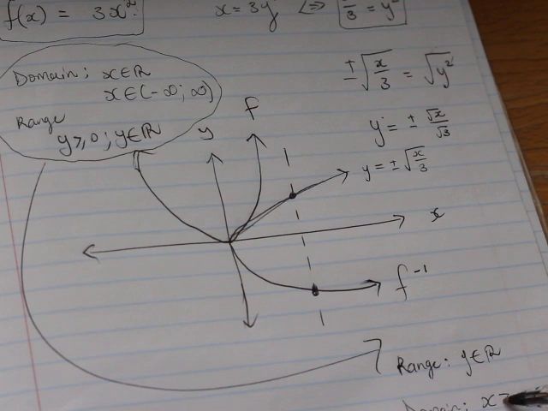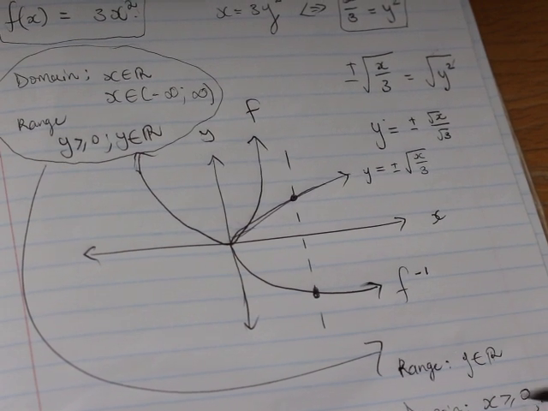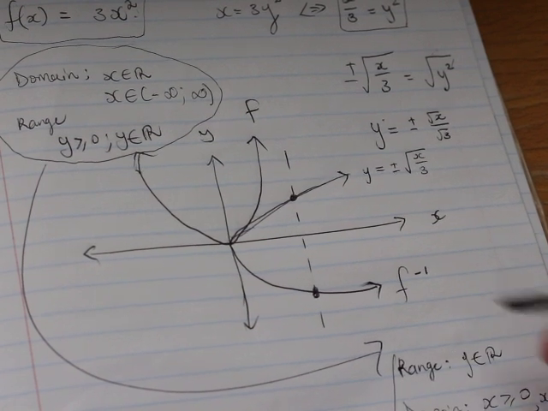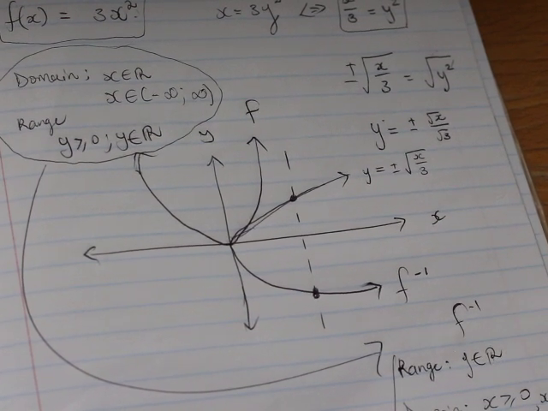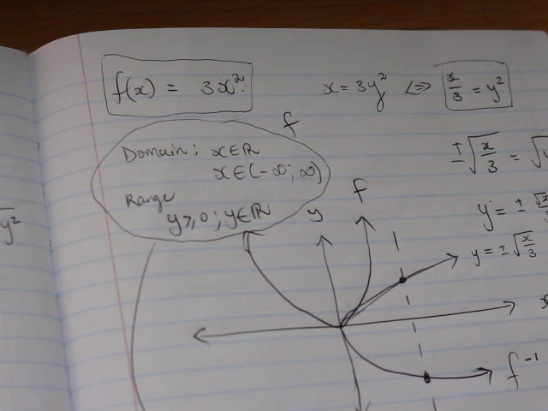Then we say x is greater or equal to 0, x element of real numbers. Easy, isn't it? This is for f inverse, and that's for f, the main function. You guys got the drill, right?